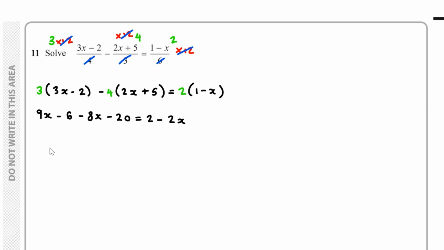So if we tidy up the left hand side, 9x minus 8x, that's just x, and minus 6 minus 20, that's minus 26. And on the right hand side, we've got 2 minus 2x.